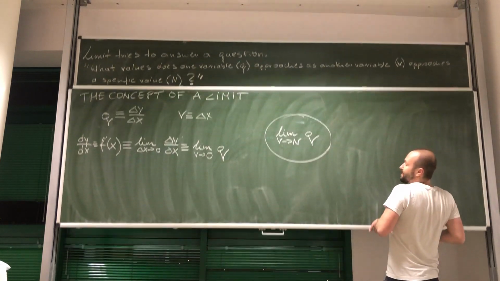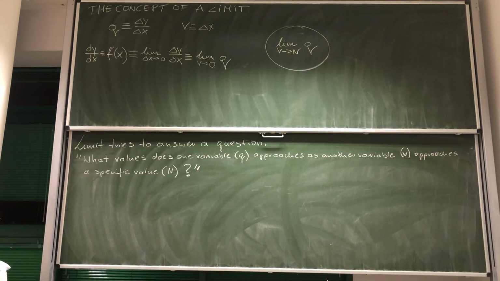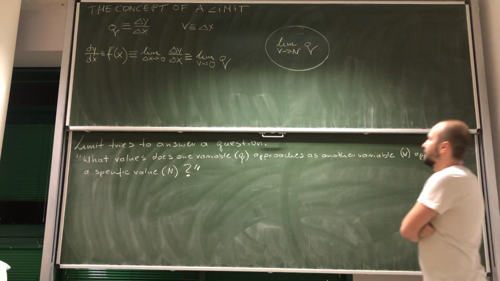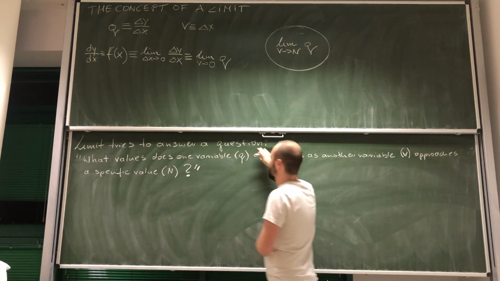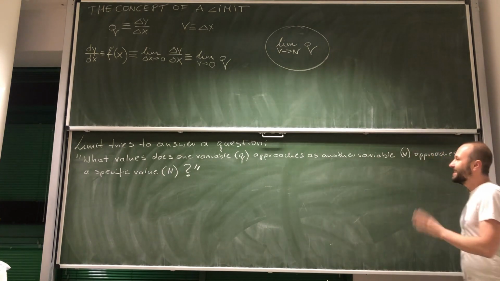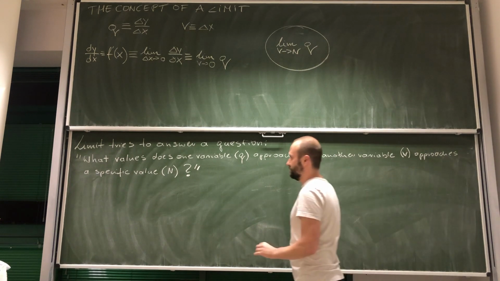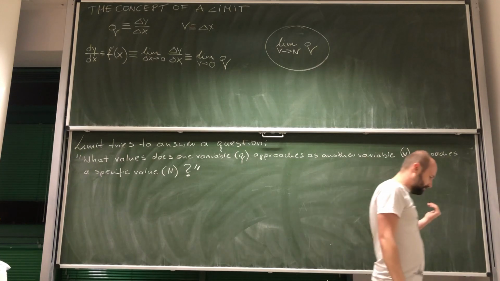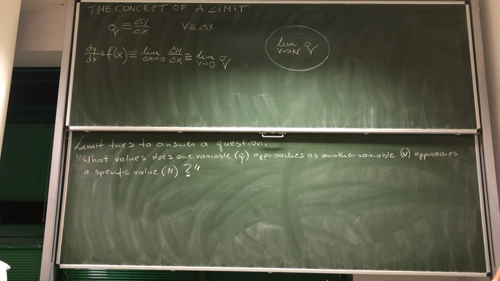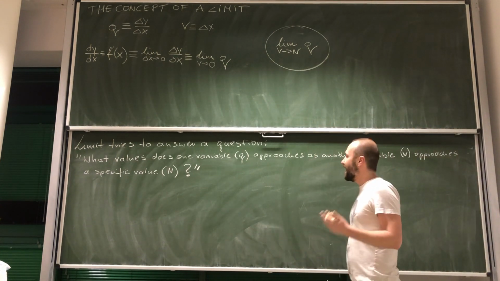Okay, so let's go now to what does the limit represent. And look, over here I've written limit tries to answer a question. I didn't write limit answers the question. Why? Well, because sometimes we have a situation that we cannot find the limit, or in other words, limit does not exist.